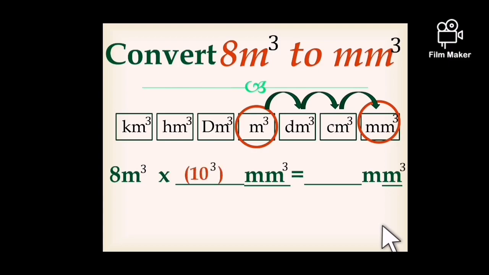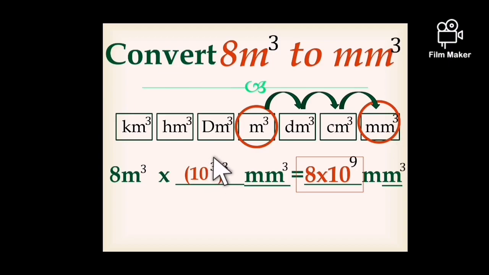So 8 cubic meter, we are going to multiply it, since we are converting bigger units to smaller units. So we have 10 cubed, 3 steps away. That is 10 cubed raised to the 3rd power, kasi 3 steps away. So that is 8 times 10 to the 9th power.